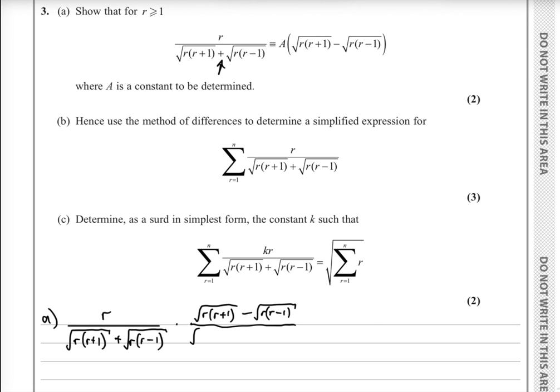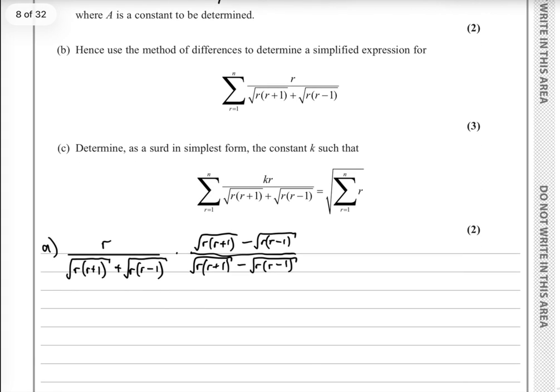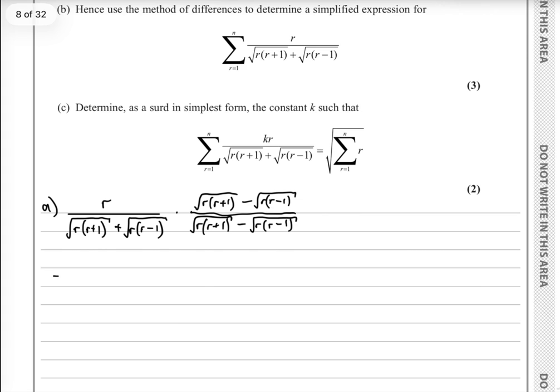I feel like there's going to be a lot of writing in this question. Okay. Here, the whole point of doing this is that when we multiply out the denominator, we end up with those square roots disappearing.